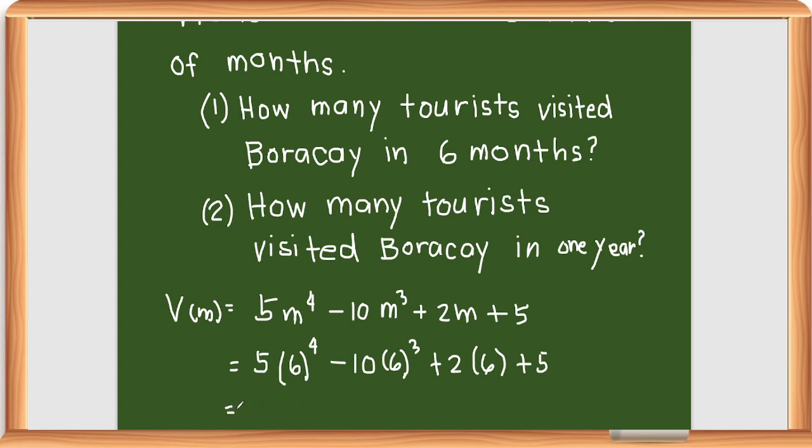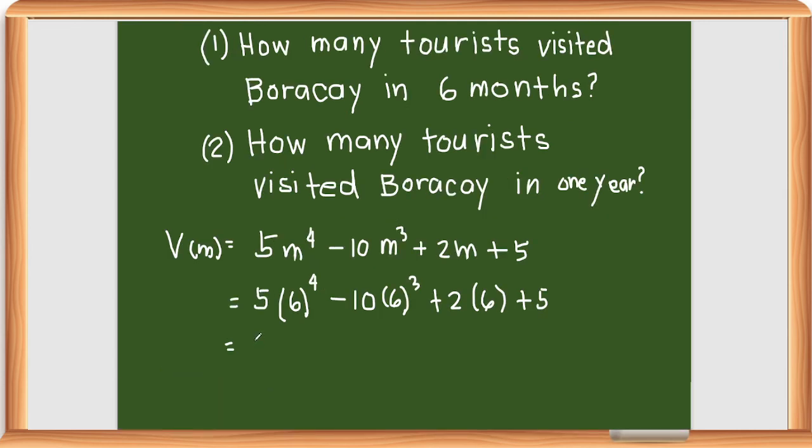Okay, so let's try to calculate here. Get your calculators so we can compute. We have here 5 times 6 to the 4th is 1,296.